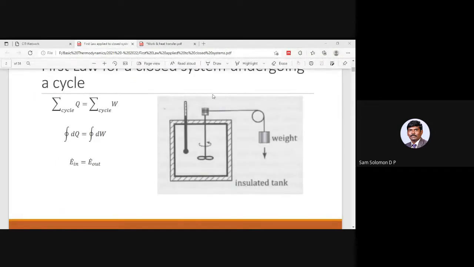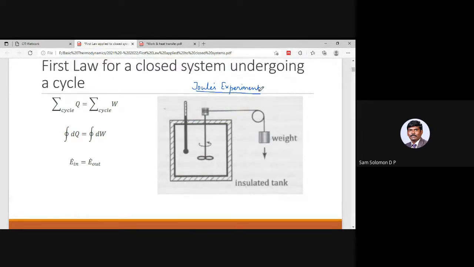So this is called Joule's experiment. A very simple experiment, and a very effective outcome has been stated out of this Joule's experiment. Here a container is taken, and this container is filled with some fluid.